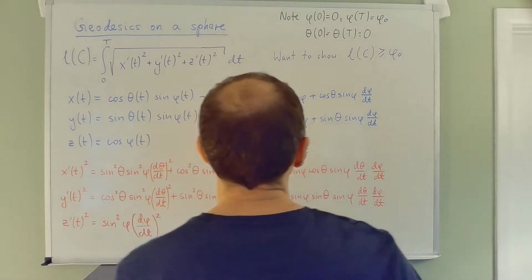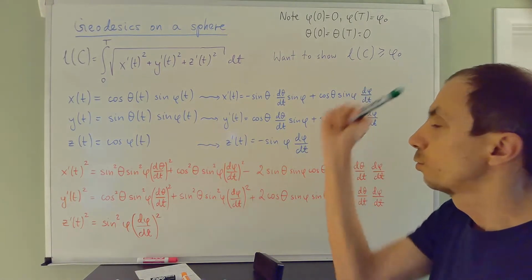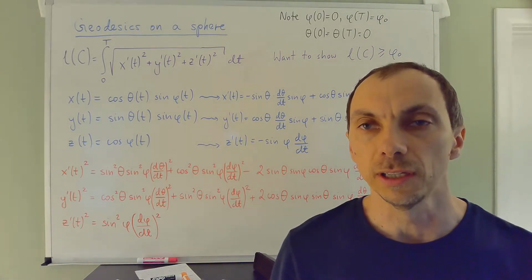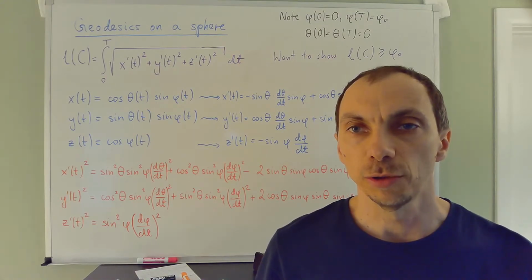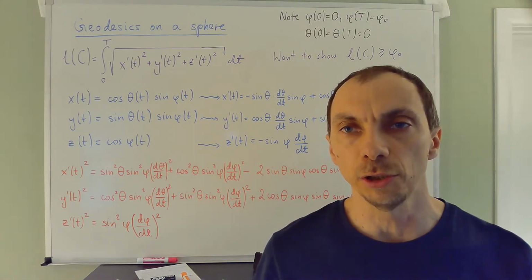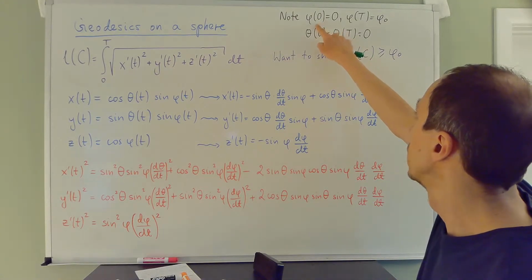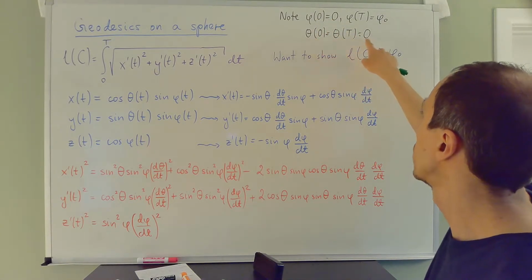Okay, the only thing I really need to know now about theta and phi is that in my parametrization of the curve C, the parameter was little t, and it changes between two values, 0 and capital T. When the little t is equal to 0, I'm at the point P, so I'm at the North Pole, which means both of the polar coordinates are 0. Phi of 0 is 0, and theta of 0 is also 0.